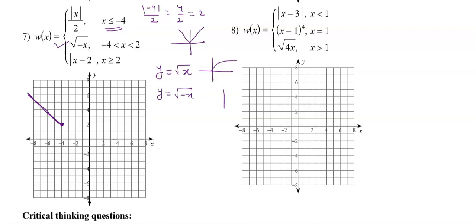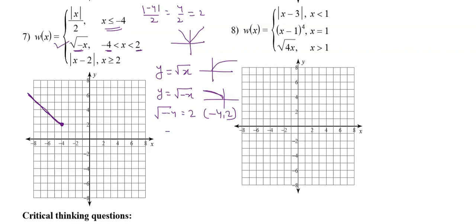Now we'll first find the respective y values. When x is negative 4, the y value would be the square root of 4, which will just be 2. So basically the point would be negative 4 comma 2. Now when I put 2 in place of x, we get the square root of negative 2, which is not a real value.